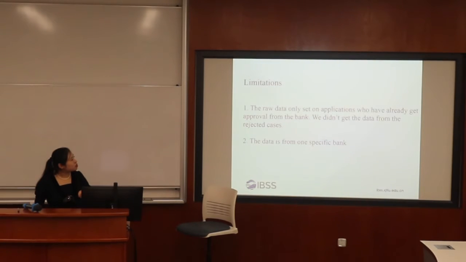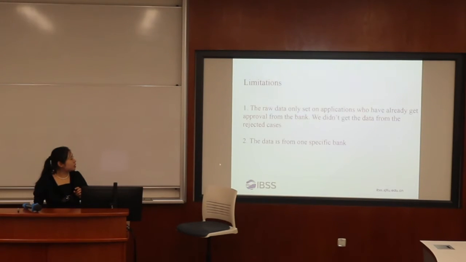The raw data only covers applications which have already got approval from the bank. So we don't know why the bank rejected some projects. If we can get these rejected applicants to make a comparison, that will be more interesting and more helpful.